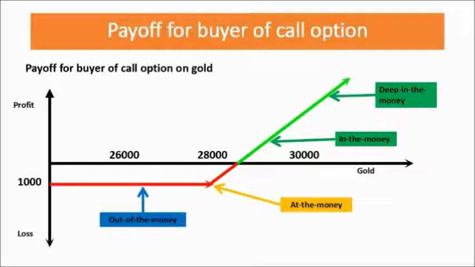Why in the money, at the money, out of the money need to be discussed is because these are the terminologies used in the market. If a person buys any stock option, he should understand what kind of option he is buying, whether the option is in the money, at the money, out of the money, or very deep in the money.